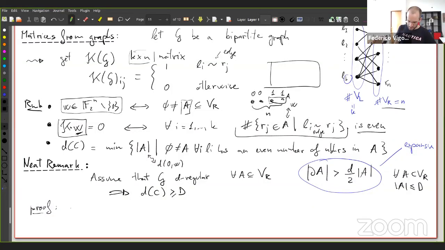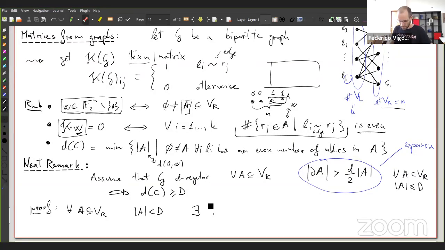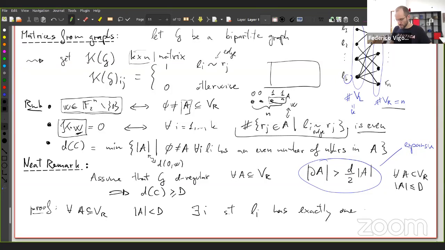For any set A in V to the R with size at most d, which, by the way, corresponds to all the words in F2 to the N that are at distance at most d from 0, there exists an element on the left, so there exists some L_i, such that L_i has exactly one neighbor in the set A.